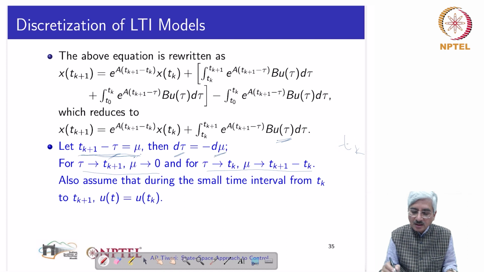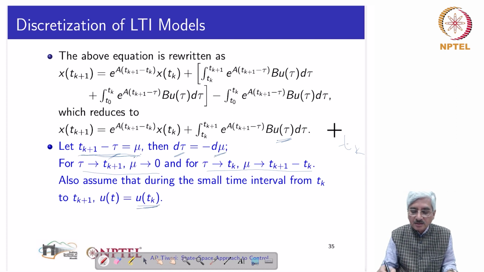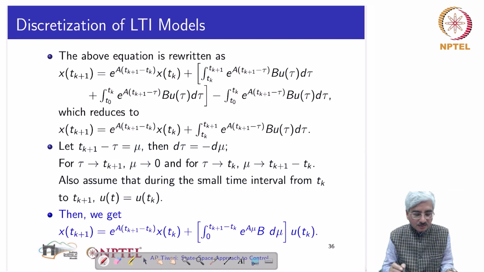It is constant at its value at tk, which is u(tk). We assume that it doesn't vary during the small interval tk and tk plus 1. Then we get this solution.